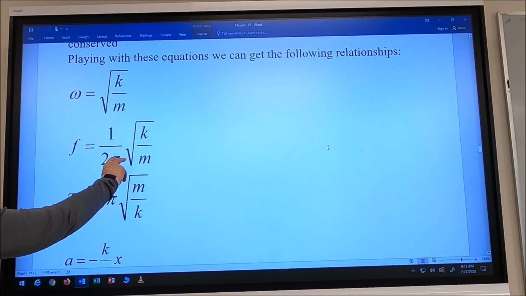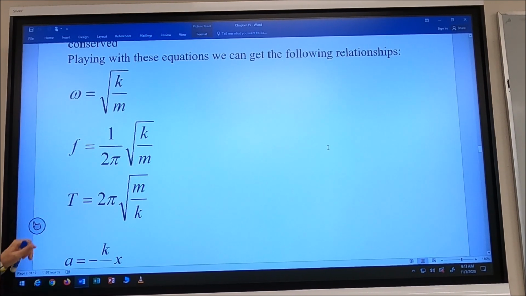Frequency is equal to 1 over 2 pi times the square root of k over m, and period is 2 pi times the square root of m over k. So notice the angular speed, the frequency, and the period all depend on the spring constant and mass.